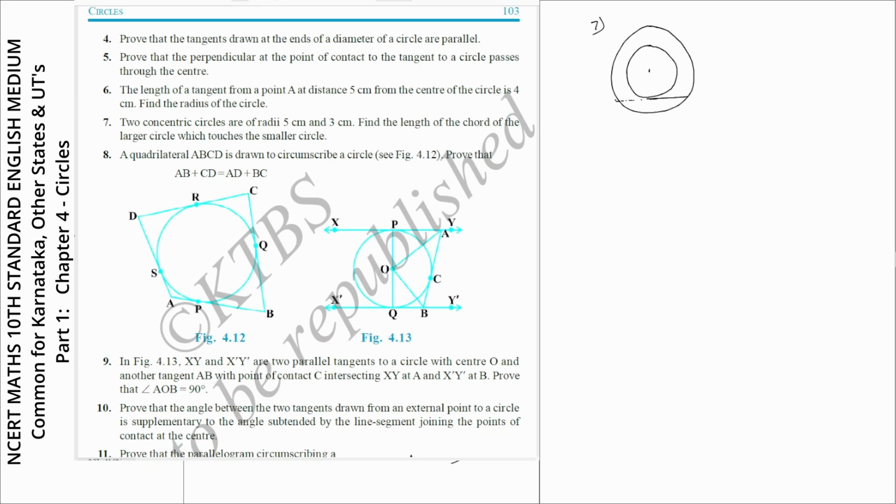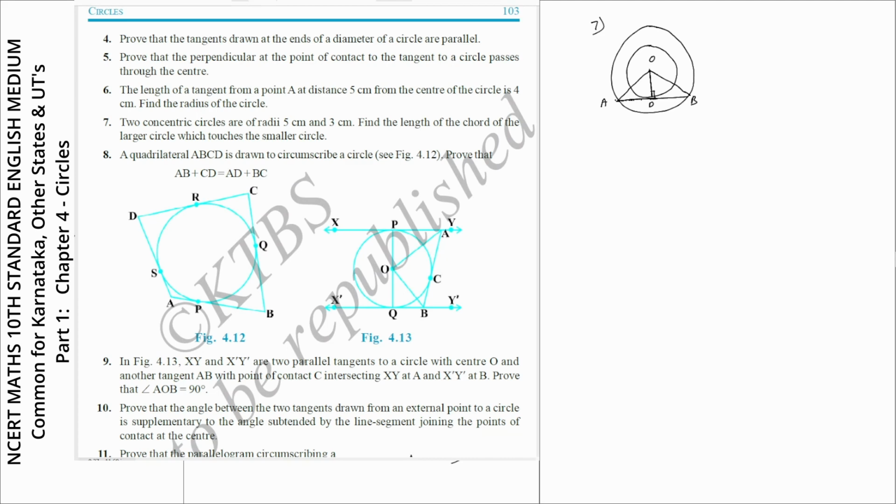So let the center be O, and let the chord be AB. Now OA and OB is 5 centimeter. That is the radius of the outer circle. Now I'll draw from O one perpendicular to chord AB.